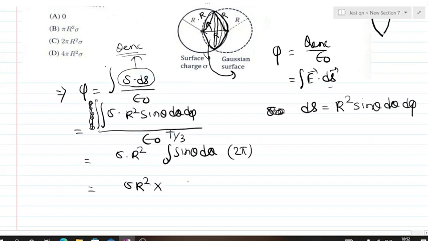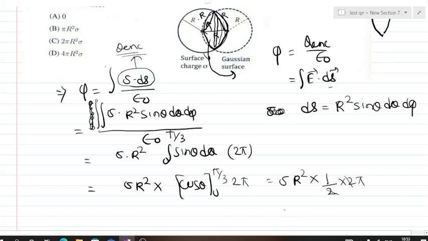Sigma r square, the integral of sine gives cos, from 0 to pi by 3, is equal to sigma r square times 1 by 2 into 2 pi, which gives pi sigma r square.